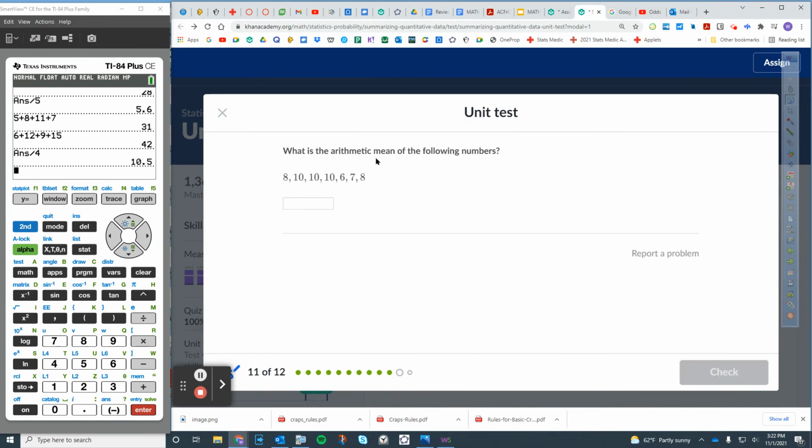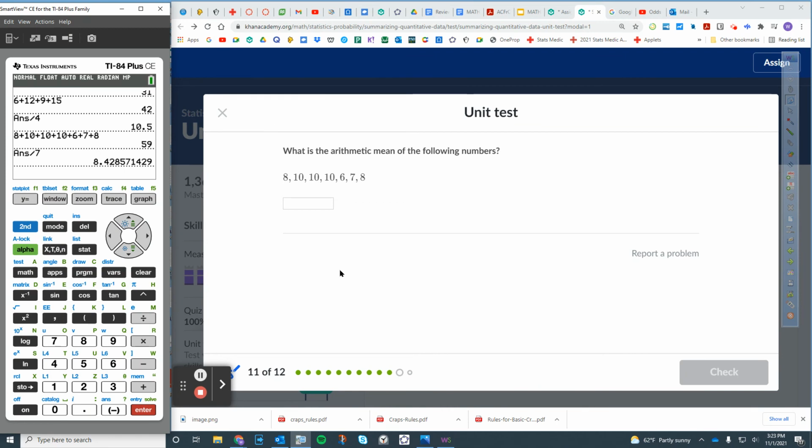What is the arithmetic mean? Mean is to add up all the data divided by 1, 2, 3, 4, 5, 6, 7. So 8 plus 10 plus 10 plus another 10 plus 6 plus 7 plus 8. And then divide by 7.